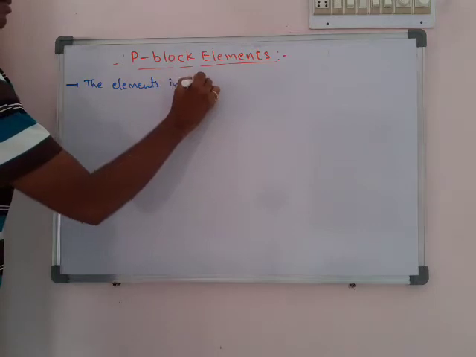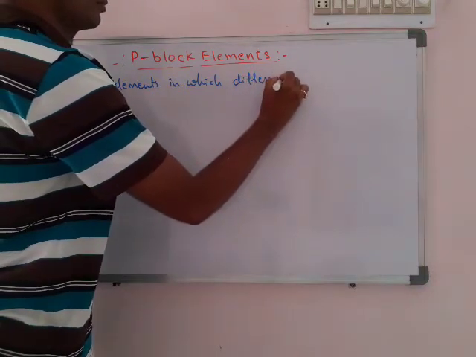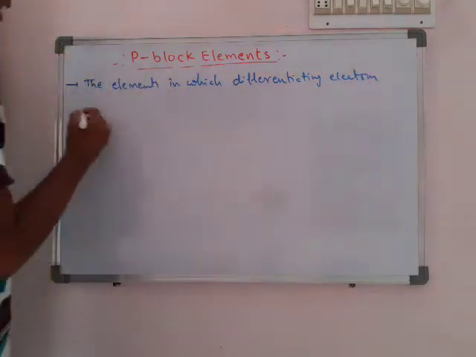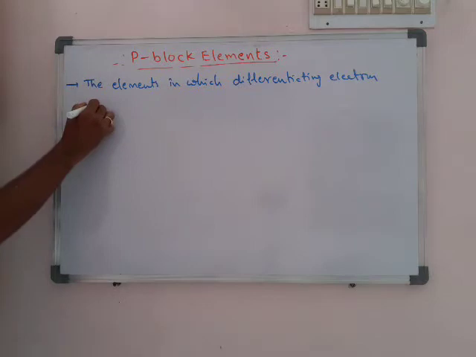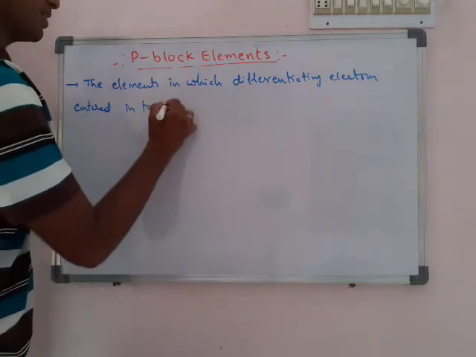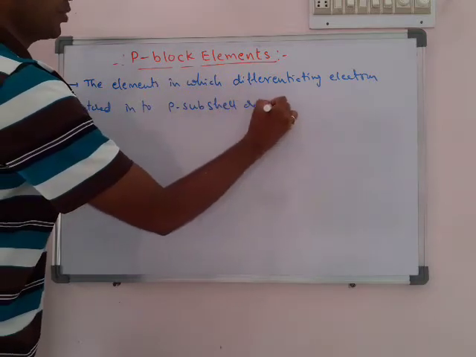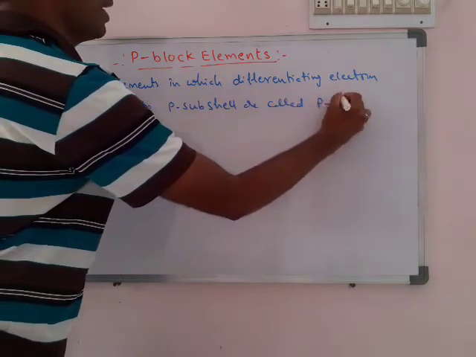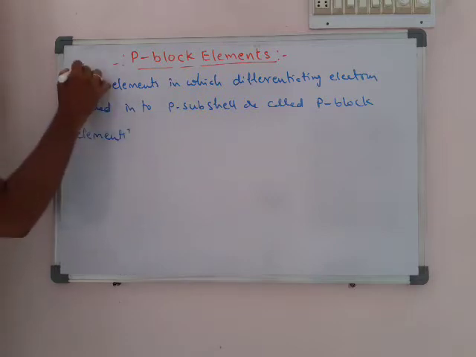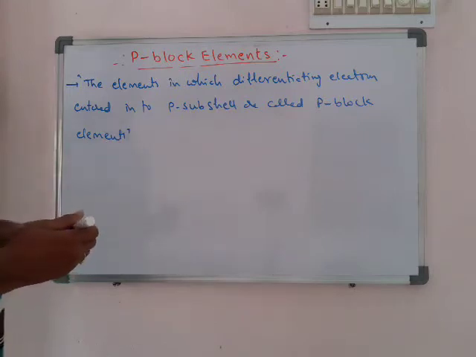The elements in which the differentiating electron has entered into the p subshell are called p block elements. So the elements in which the differentiating electron is present in the p subshell are called p block elements.